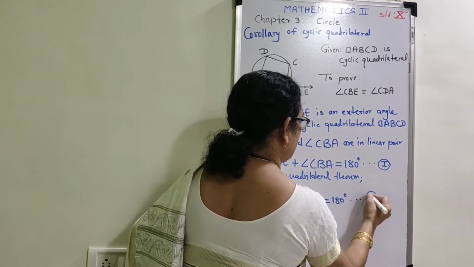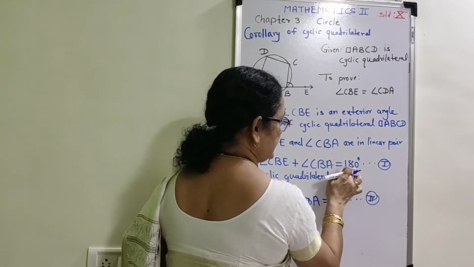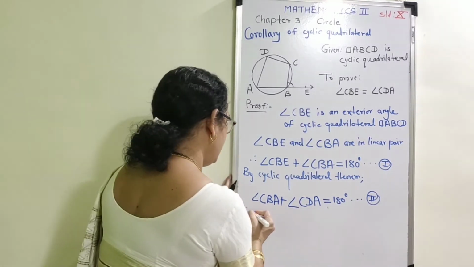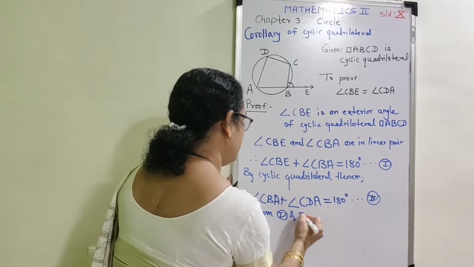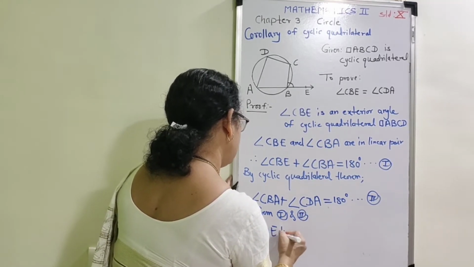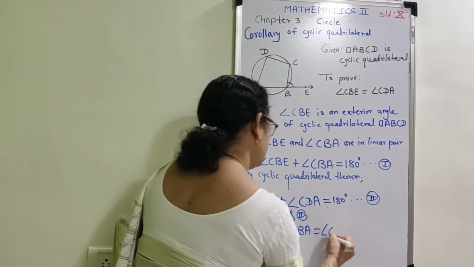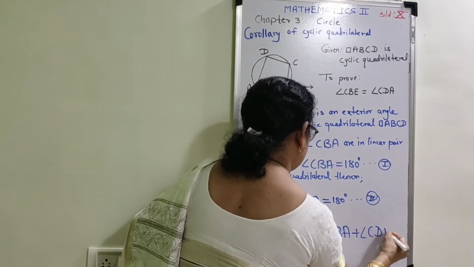Now observe the two statements. Here, for both the statements, right hand side is equal. Therefore, there is equality between left hand side. From statement number 1 and 2, we get angle CBE plus angle CBA is equal to angle CBA plus angle CDA.